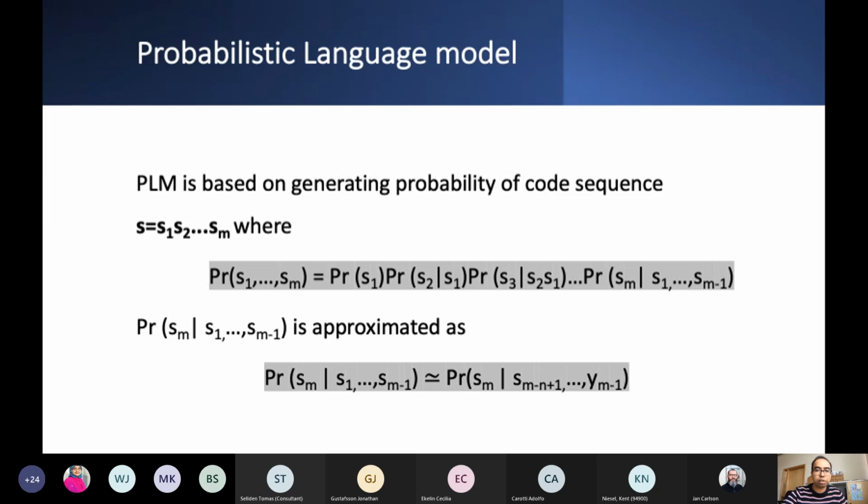In such cases, we approximate this computation by limiting the size of the context. For example, the conditional probability of Sm is computed with the context limited to n-1 tokens. This is the basis of many neural software analyses.